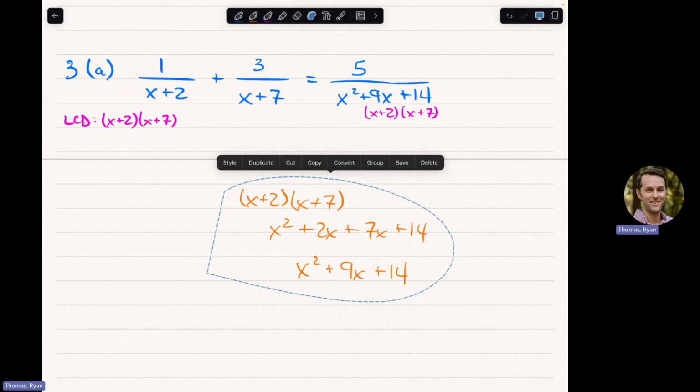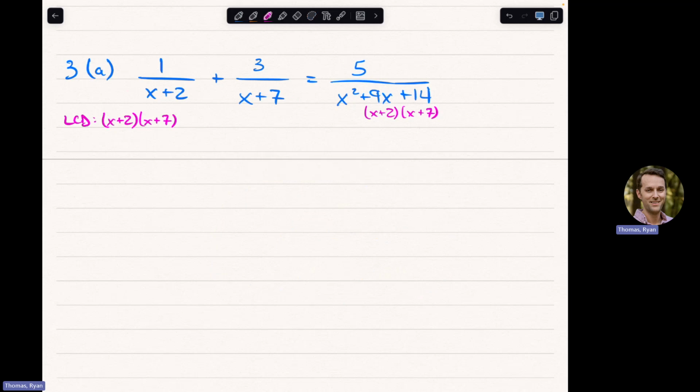And along with that, let's say the denominator here had been x squared plus 6x plus 8 or something. Then the LCD is going to be that.